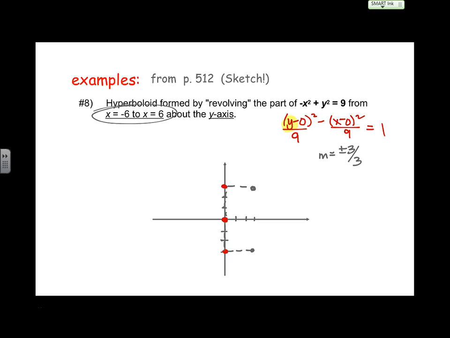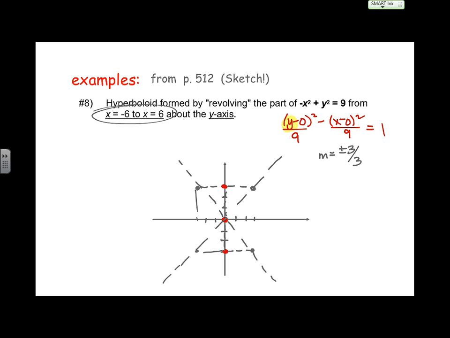Because it's going plus or minus, you might have made a rectangle to help yourself out. Then you have your asymptotes. Going up 3 over 3 and going down 3, right 3. So you could have done all that.